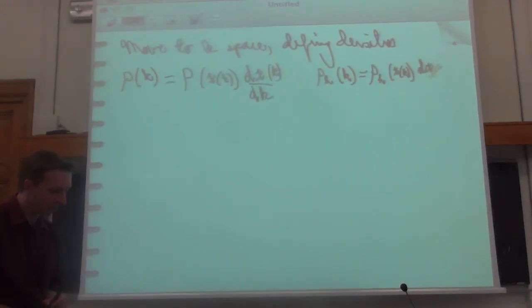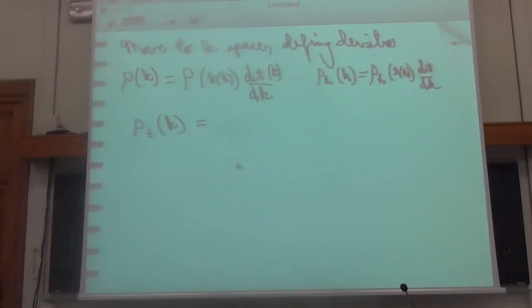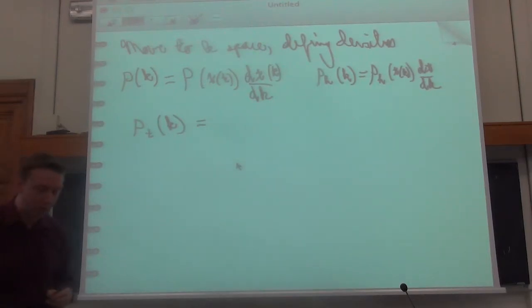with dx dk. Okay? And the rho total of k, if you work it out, you remember that rho plus rho hole was rho total in x space, and rho total in x space became 1. So this one, rho total of k, just becomes dx of k dk.